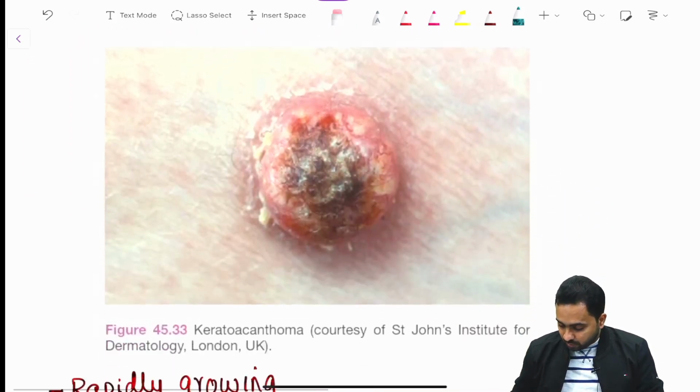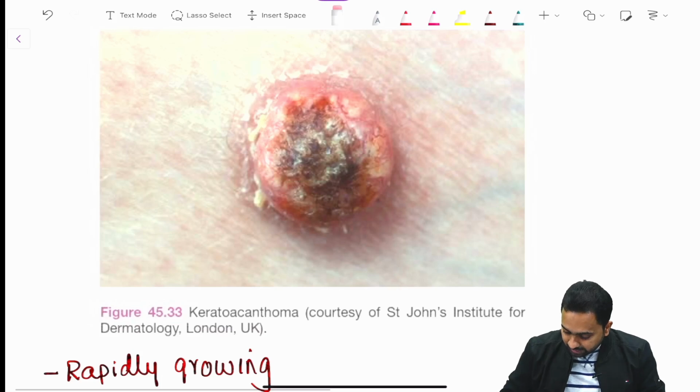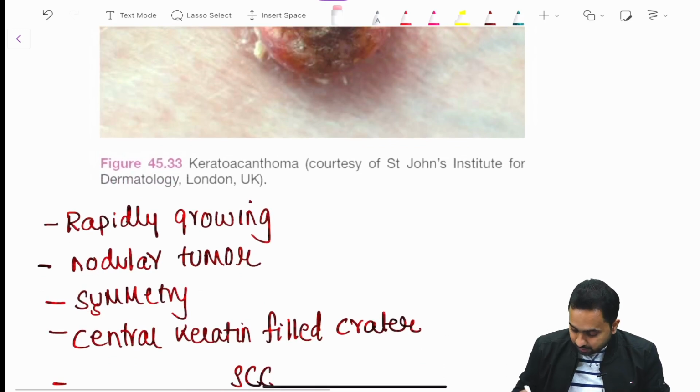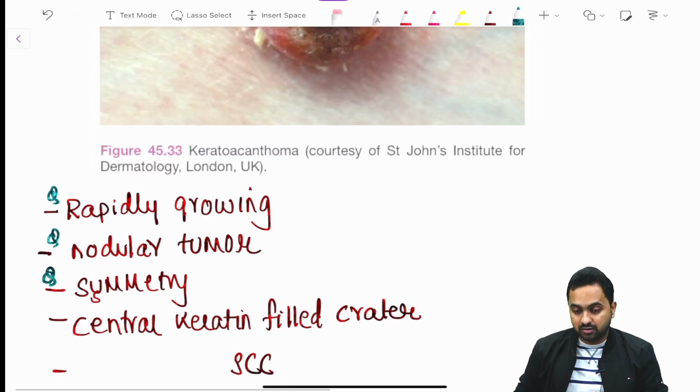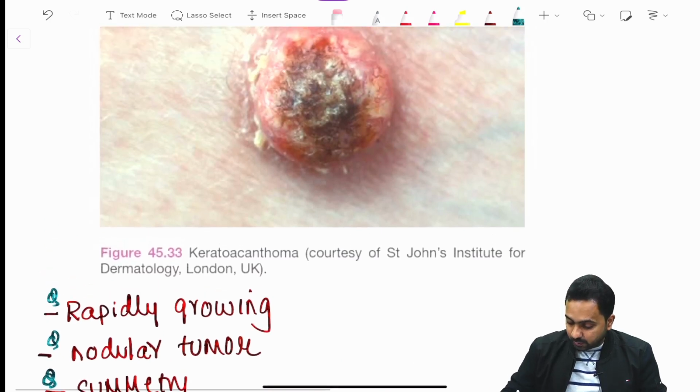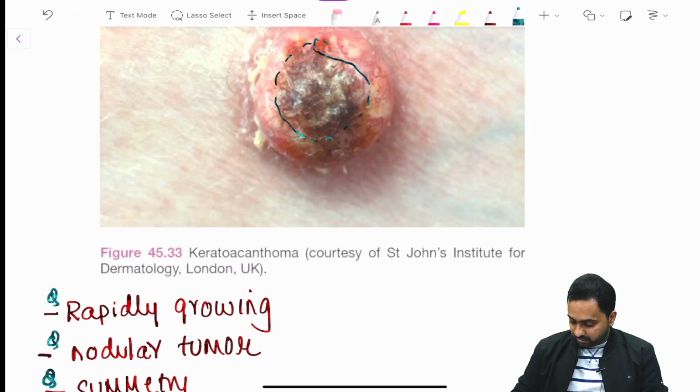If you look over here, this is your keratoacanthoma, right. These are your rapidly growing nodular tumors, and they are symmetrical tumors with a central keratin filled crater.